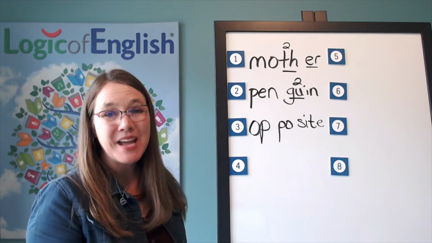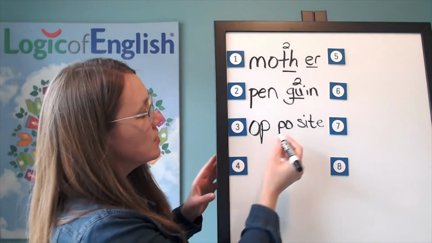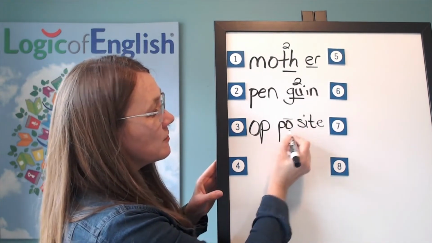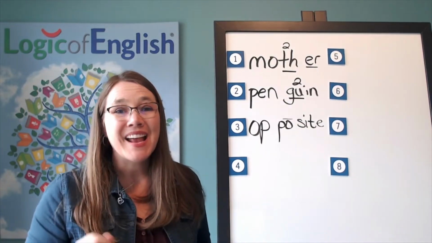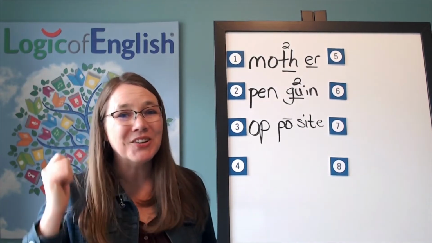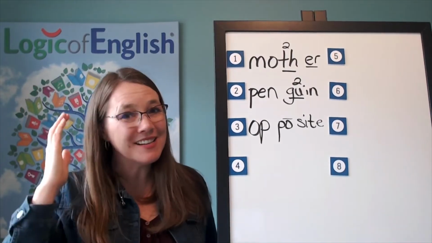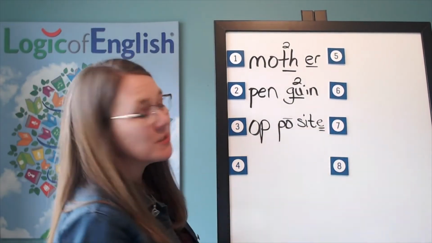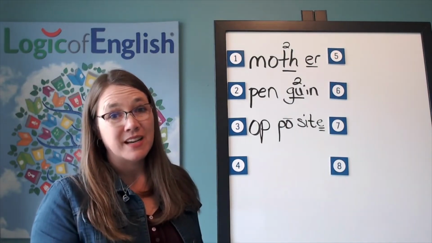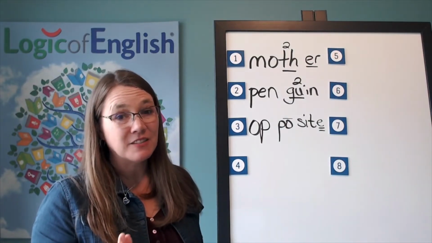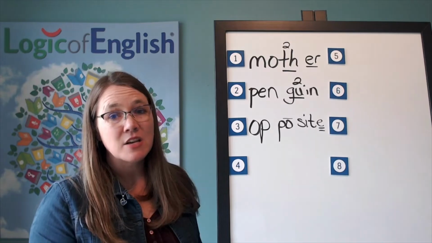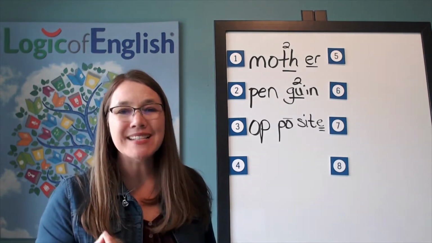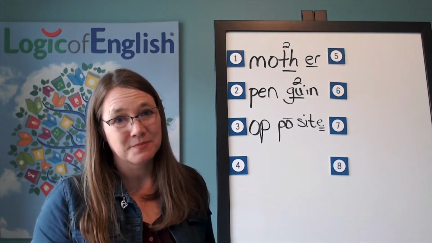All right, let's go ahead and talk about this word. So we will put a line over the O. Why? A, E, O, U usually say their long sounds at the end of the syllable. And then we have this silent final E, and we'll double underline it because we double underline the silent final E to show that it's silent. But why is it there? Why is it in the word opposite?